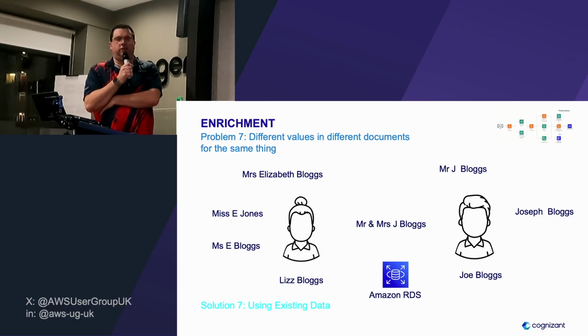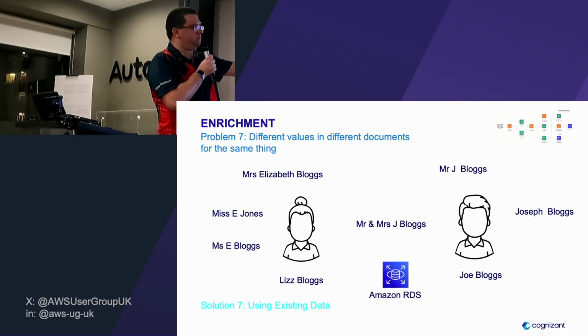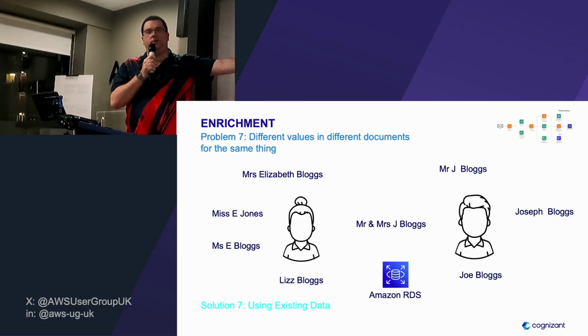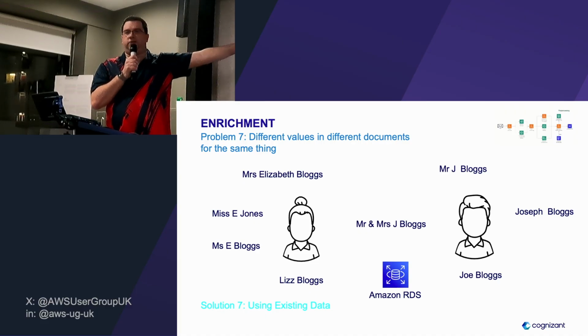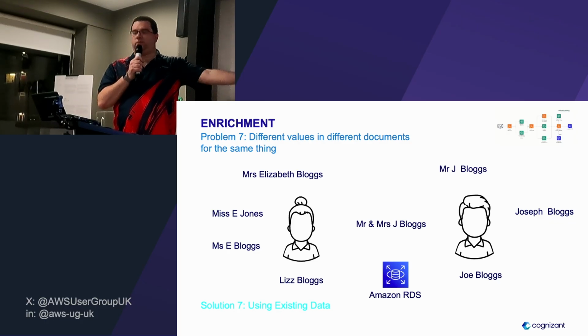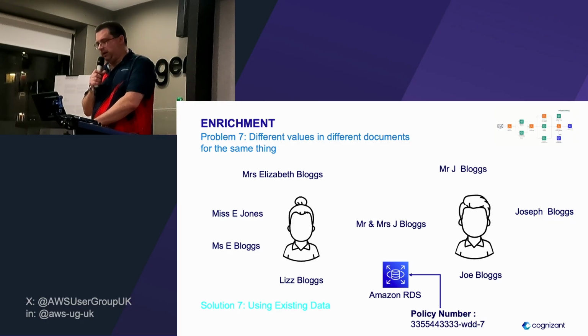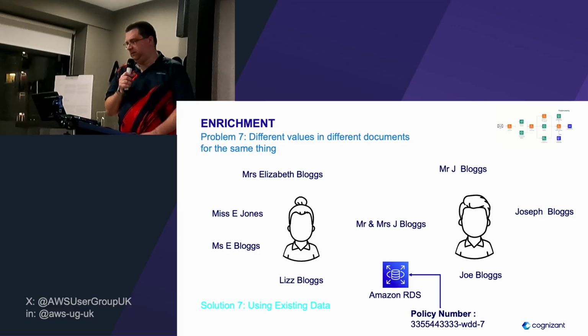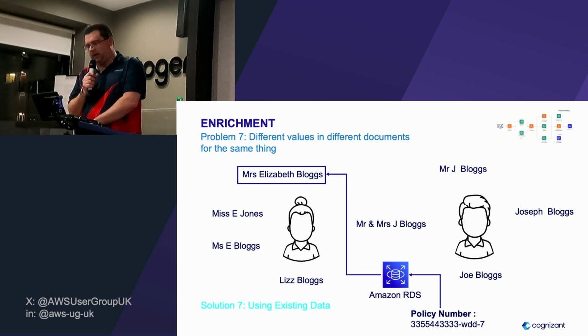That's where we used existing data. If there is an email that comes in to the system at the very start, we know where it's coming from, and we use that information, maybe the policy number we extracted at the start, to go to a known truth. In this sense, we go to the central database that held the customer information for a policy number, go and look that up, and that gave us the name she actually filled in.